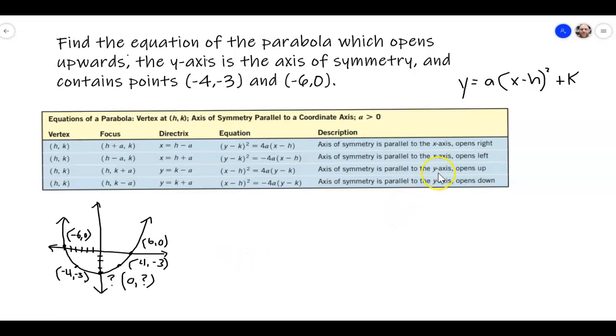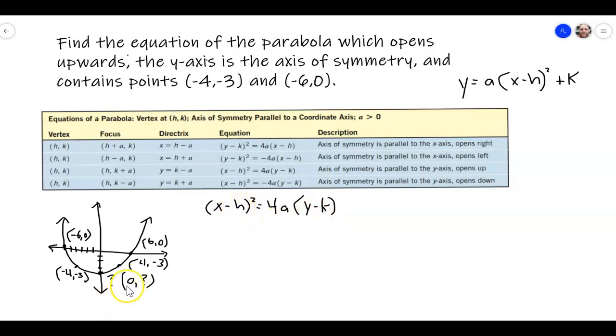So this is opening up, so it looks like I'm going to use this third equation here. So I've got (x minus h) quantity squared is equal to 4a times (y minus k). Now, (h, k) is going to be our vertex.